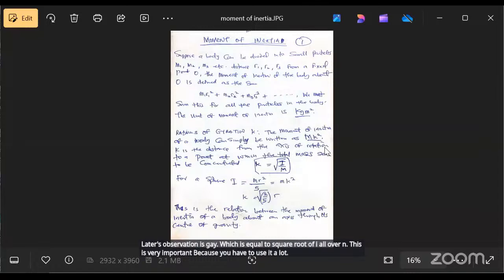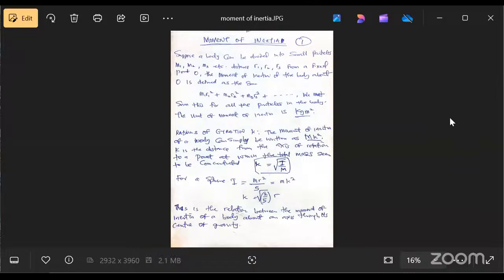So we have different symmetry, different arrangement, different configuration, and you have different radius of gyration. You have different moment of inertia for them.